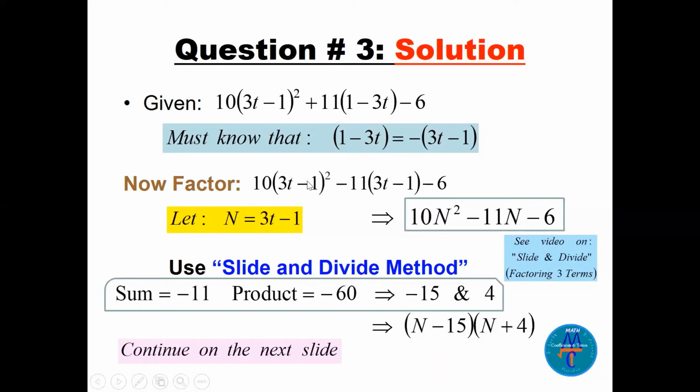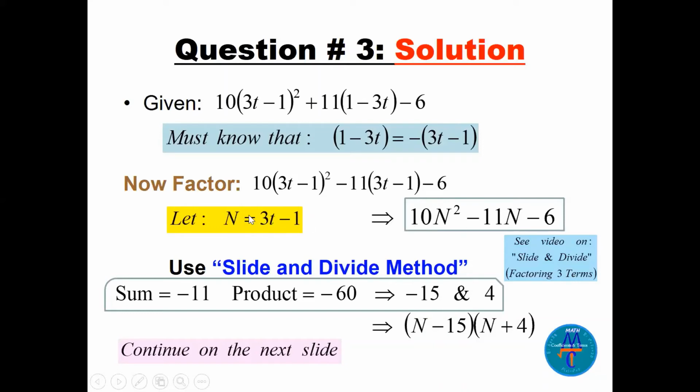Now this is the same, 3t minus 1. To make it easy, I will say let n, or you can say m, let m, or let y. See, I changed the variable for a minute because I need to make the question simple. So I have 10n squared minus 11n minus 6.